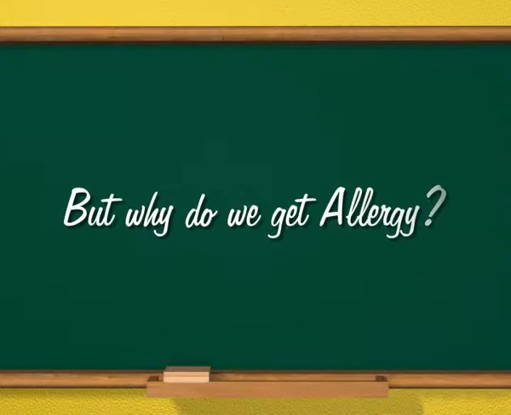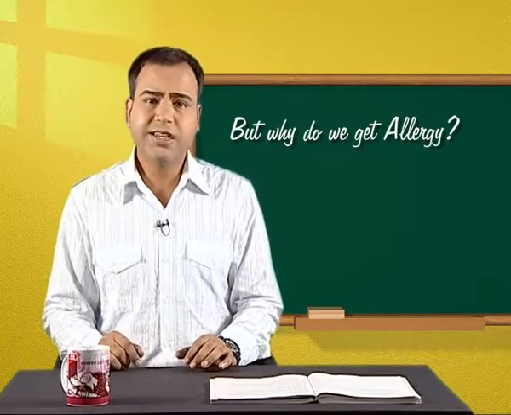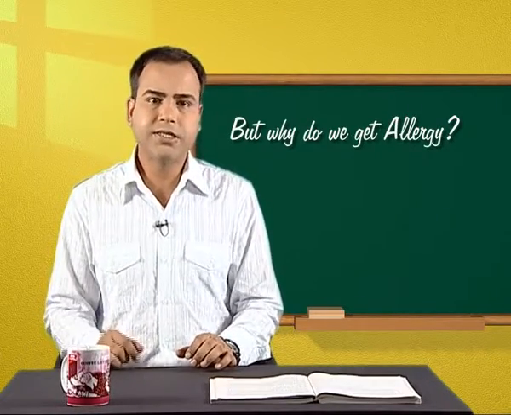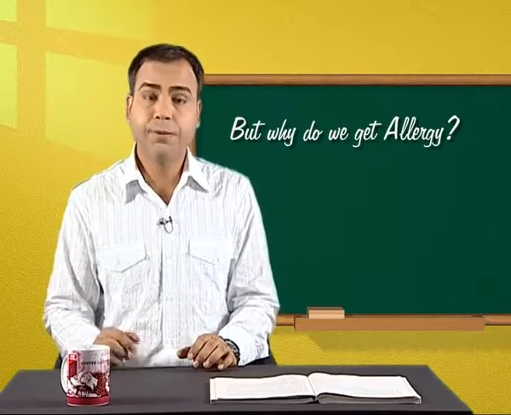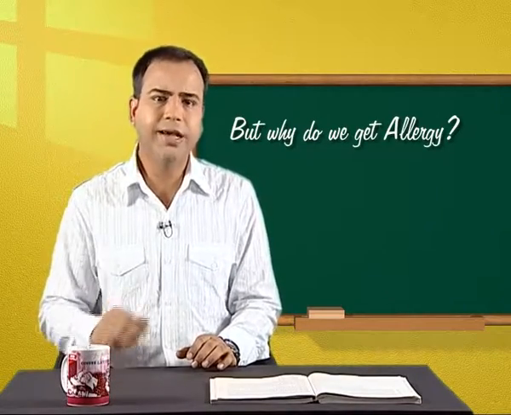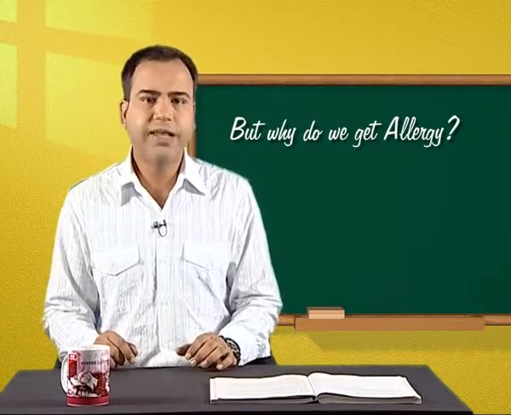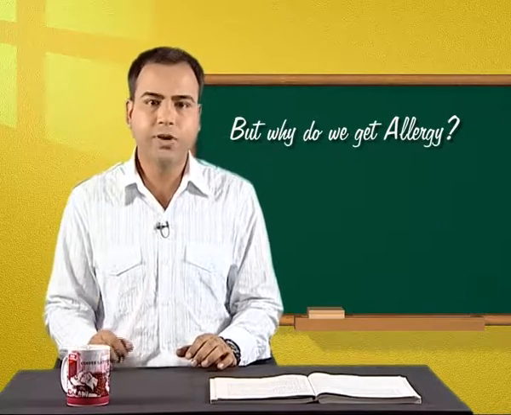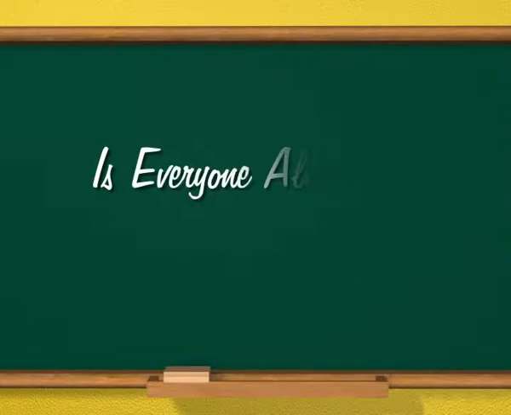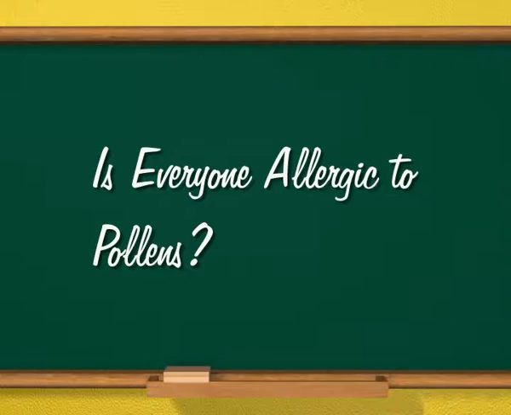But why do we get allergy? Allergy is a result of an overreaction of a person's immune system. People with allergies have a hyper alert immune system that overreacts to substances. The immune system of allergic people overreacts to pollen. Is everyone allergic to pollens?